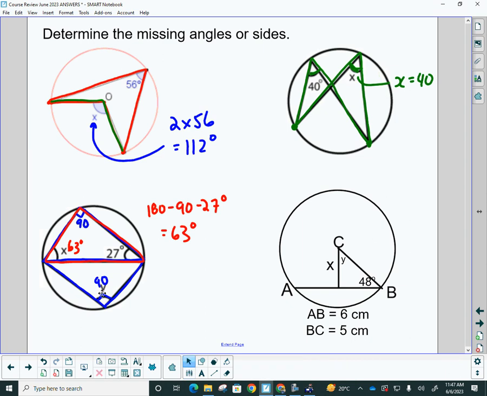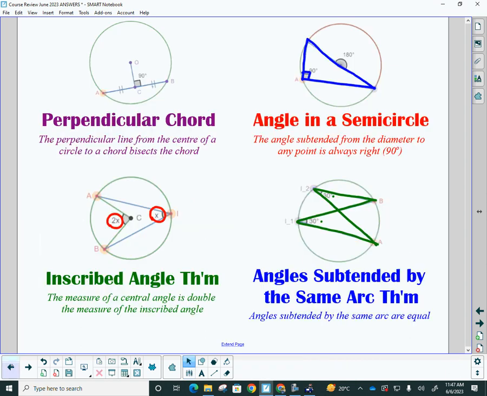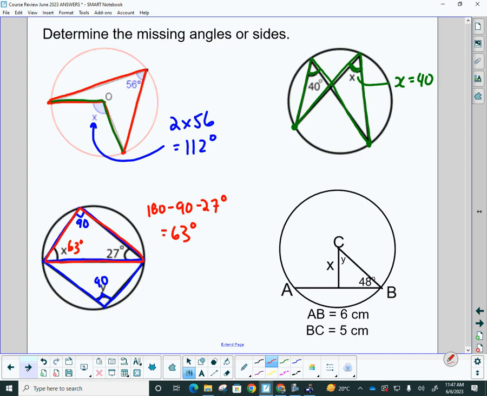And in our last one, we're going to use the perpendicular chord, which says if it comes to any chord, it's going to bisect it. It's going to cut it into 2 equal parts. This is going to equal this, and it's going to happen at a 90-degree angle. So here we see this is going to equal this, and that's going to be a 90-degree angle.